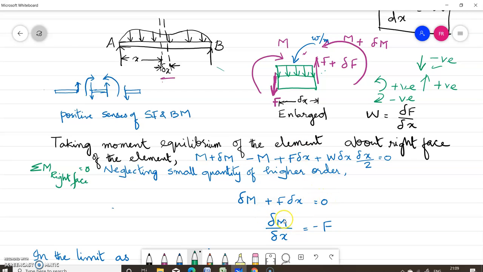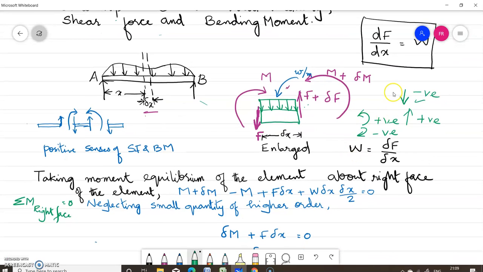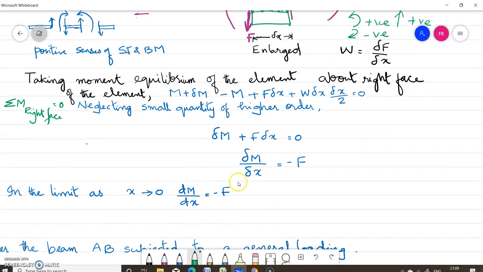So we can write delta M by delta x equal to minus F. In the limiting case when delta x tends to 0, we can write dM by dx equal to minus F. That is, the first derivative of bending moment is shear force. Okay. So the first derivative of shear force is load, and the first derivative of bending moment is shear force.